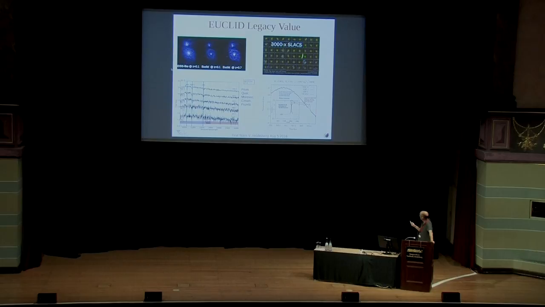This is an image of the Sloan Lens ACS survey. So galaxy-galaxy lensing, strong lensing. Euclid will do 3,000 times this survey over the duration of the mission.